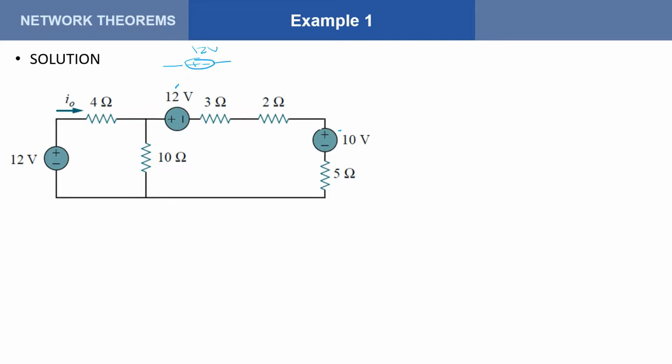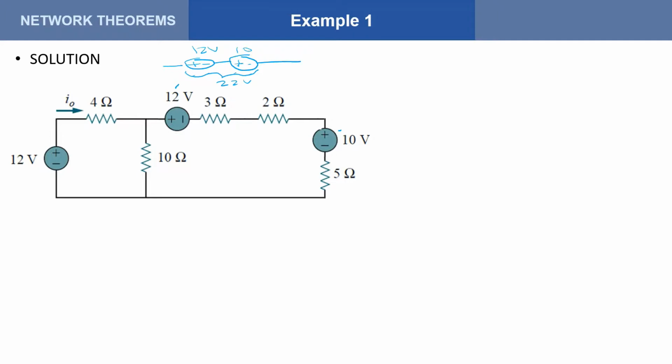We can actually transfer the 10 volts near the 12 volts, and you will notice that they are in series. Okay, so plus, minus, plus, minus, they are not only in series, they're also additive. So if we combine this will become 22 volts.